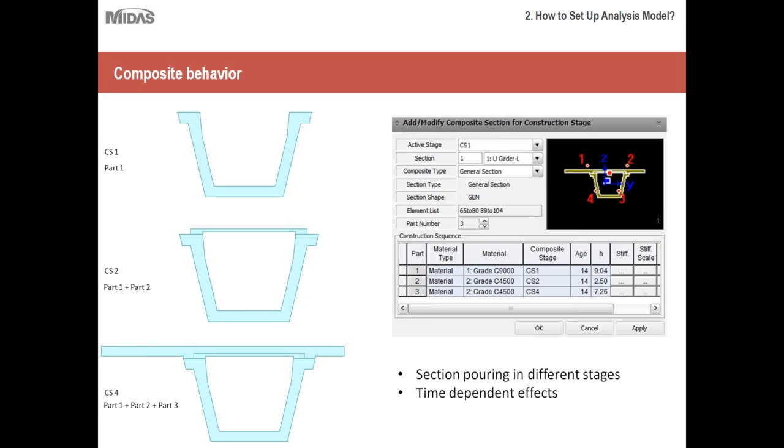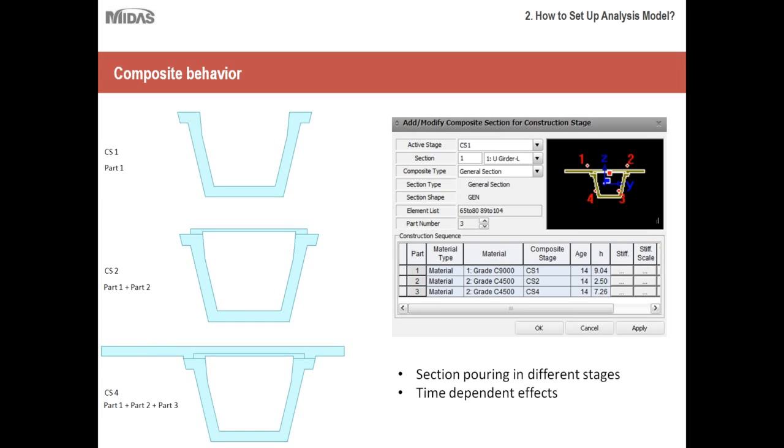So you must consider this composite behavior, and for that engineers face even more challenges, and many times the girder material and the lid material and the deck material are not the same. As you can see in this example here, the part 1 material is C9000, and part 2, which is the lid and the deck, has C4500 grade of concrete.